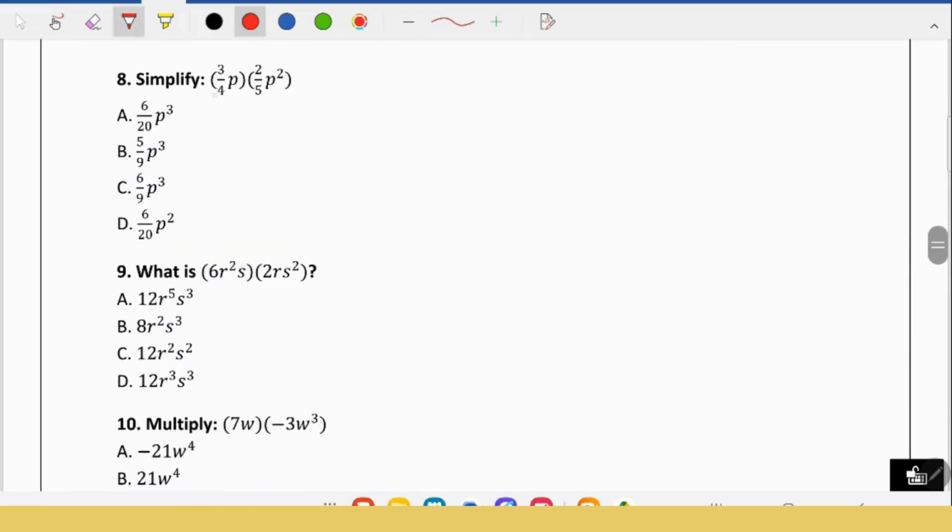In my next question, I have fractions again. 3 over 4p times 2 over 5p². I will multiply the coefficients, which are fractions, first. Then I will multiply my letters p and p², same variables.